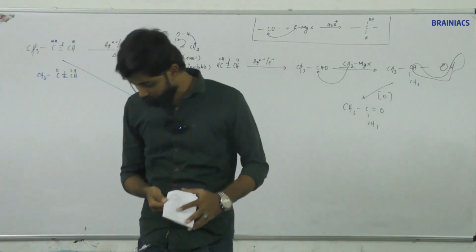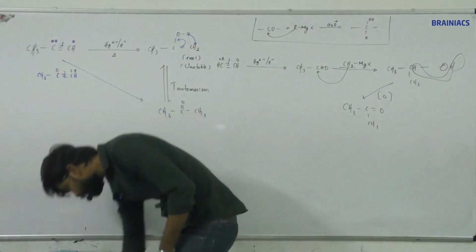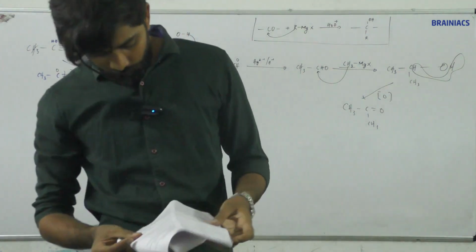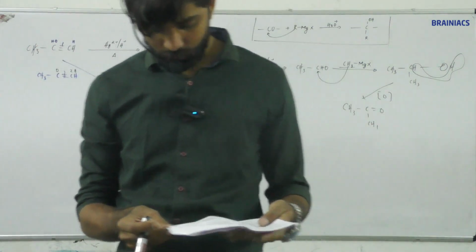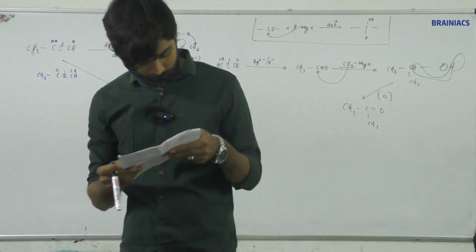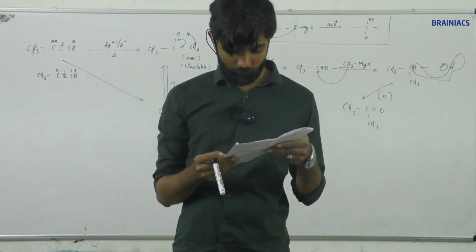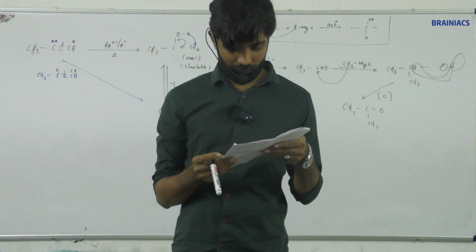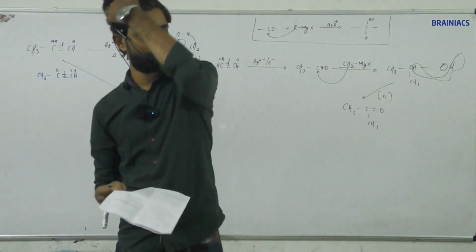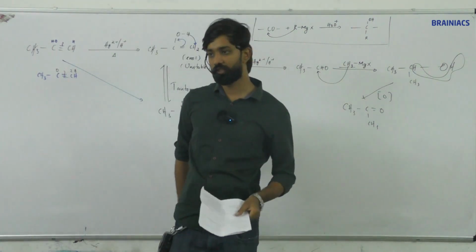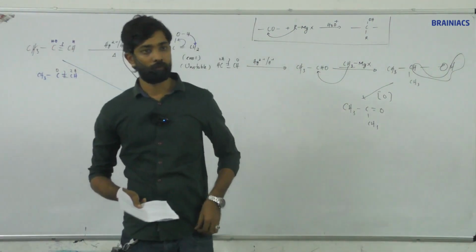So which of the following is true? Bond angle changes but bond length same; bond angle and bond length change; bond angle and bond length remain same. That's the answer. Only the dihedral angle changes, okay? Ready?